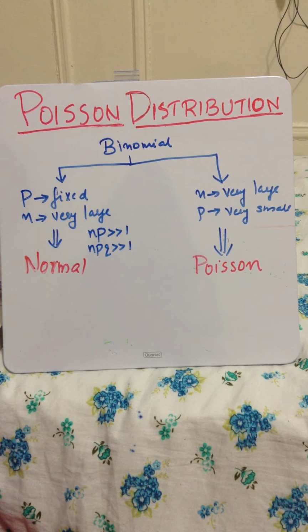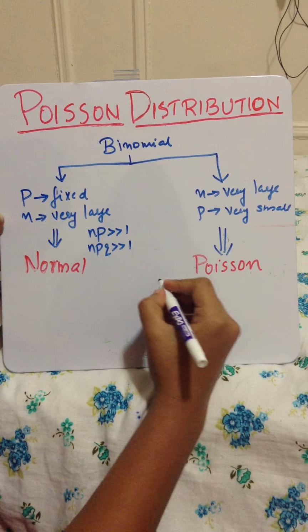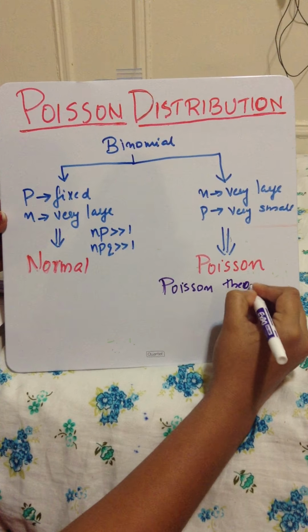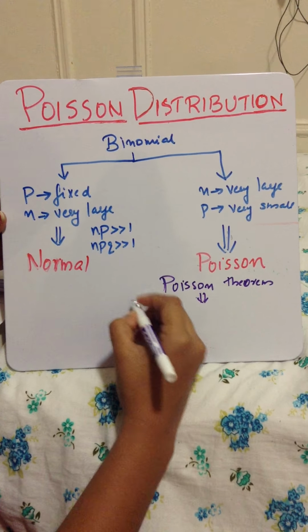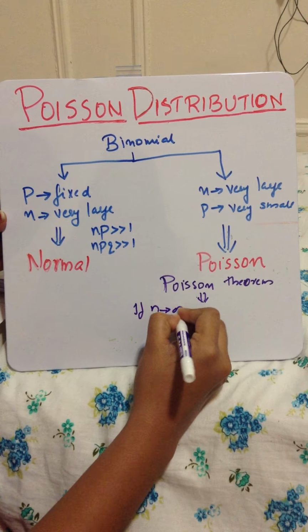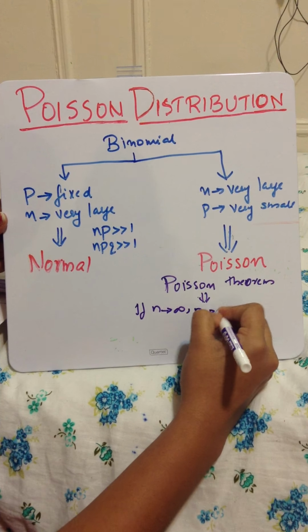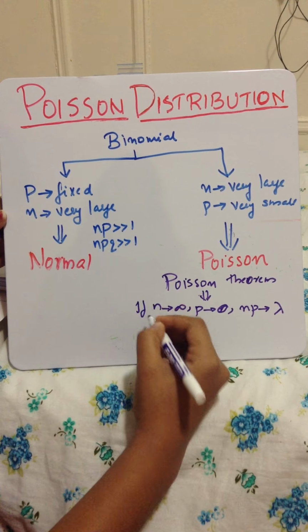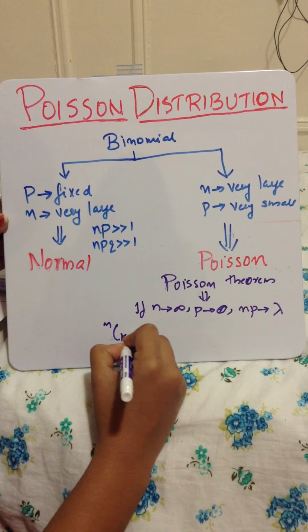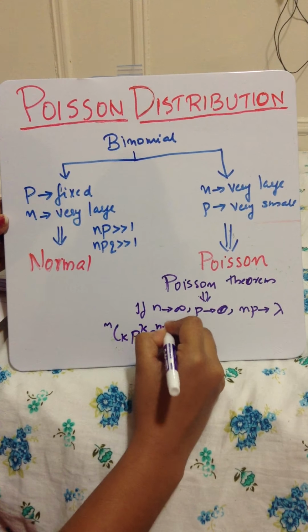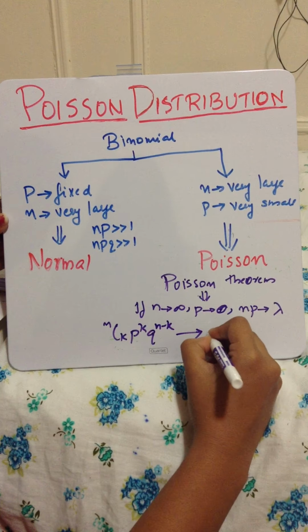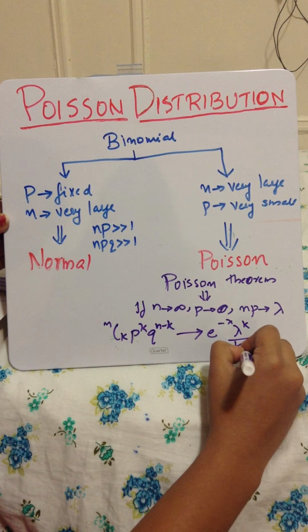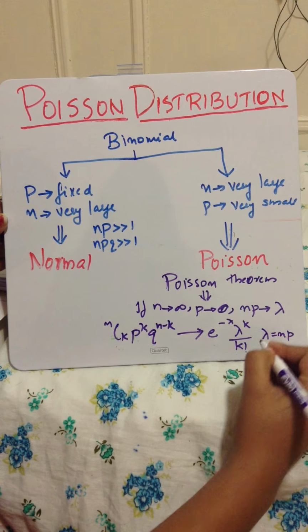Poisson theorem states that if n tends to infinity and p tends to 0 such that np tends to a fixed value lambda, then our binomial distribution like this, which is the standard form for binomial, can be replaced by a Poisson distribution with parameter lambda as np.